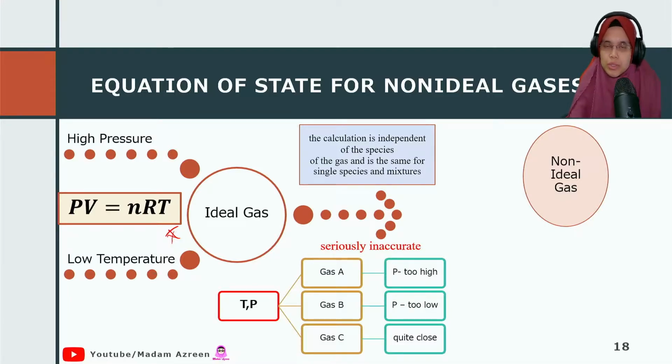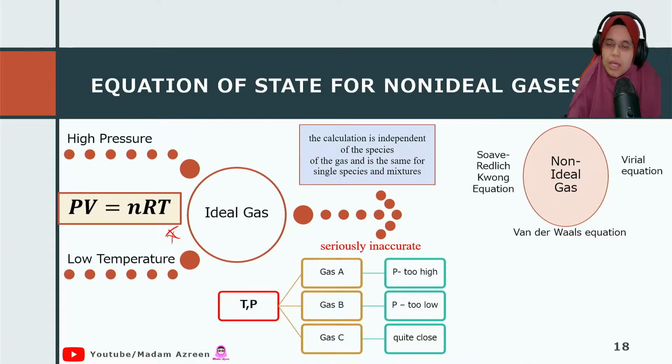So this non-ideal gas, or we call it a real gas, has three different equations. Okay, this is the first one. I don't know how to pronounce that. And the second one and the third one. These are the equations that we're going to take a look at in this video.